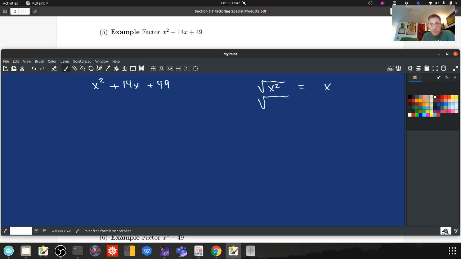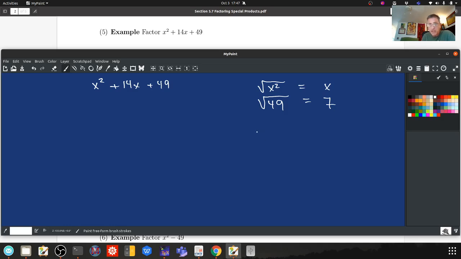Let's take the square root of my constant term, and that's 7. Now, if this were not a whole number, or you'll see in just a second we'll get some terms that are like 2x squared, then the square root of 2x squared would be the square root of 2 times x. So the coefficient here is a whole number. This is a whole number.